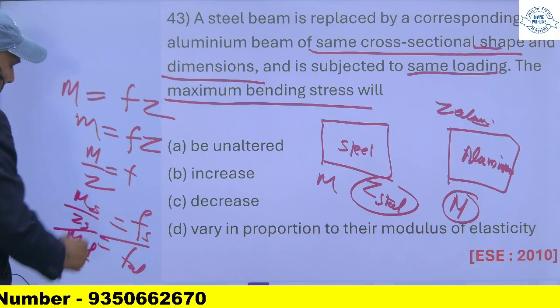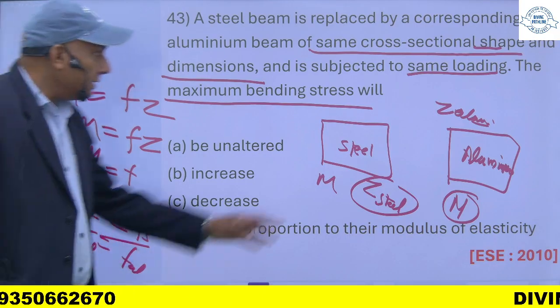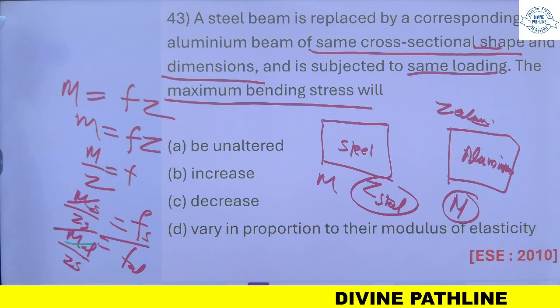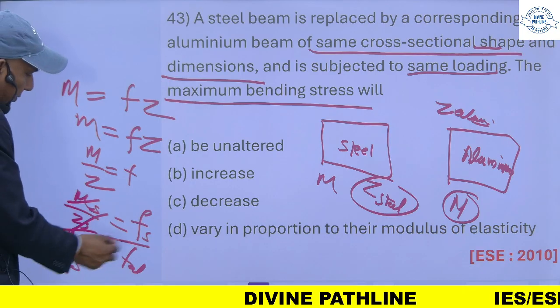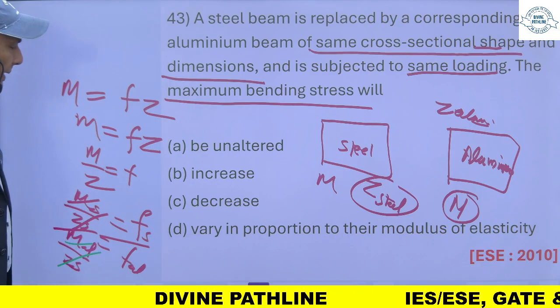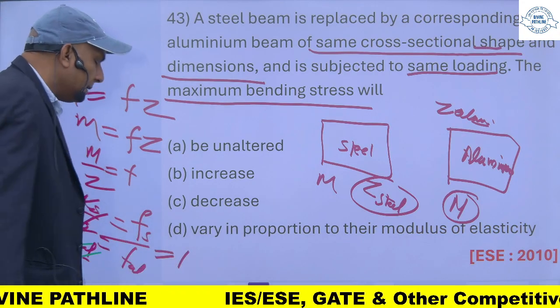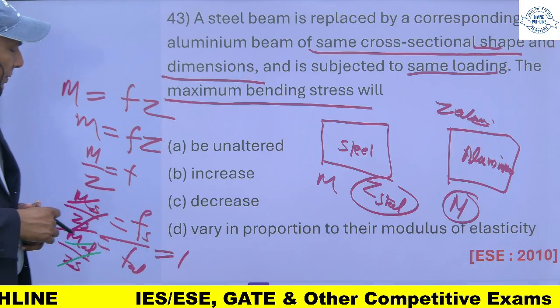As the same loading means the moment of resistance is the same and the section modulus is also the same, the bending stresses will be the same. f of steel is equal to f of aluminium.